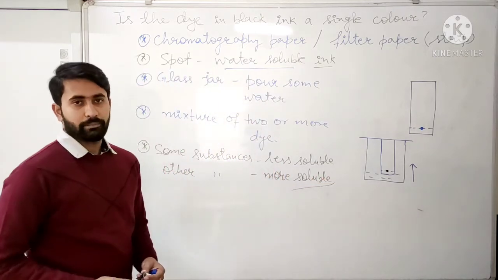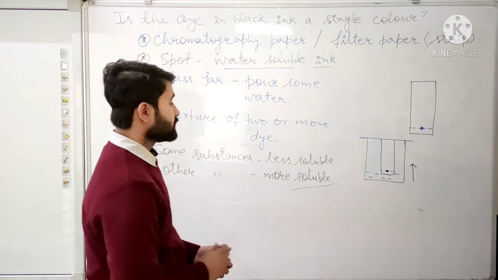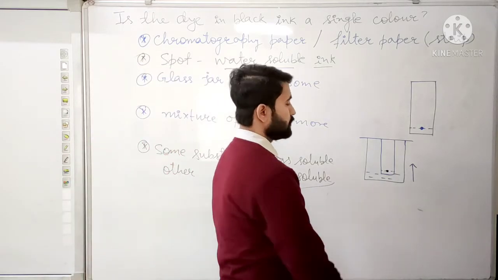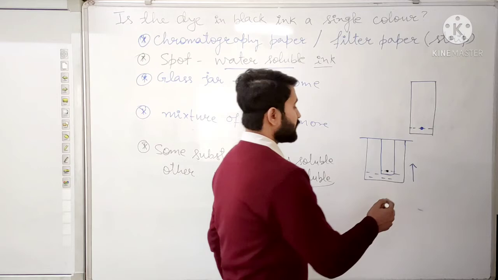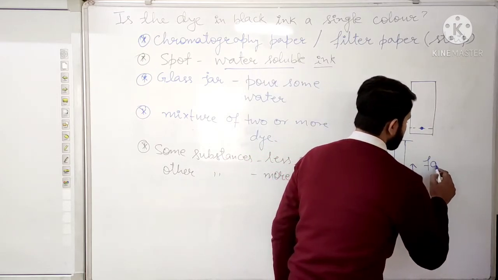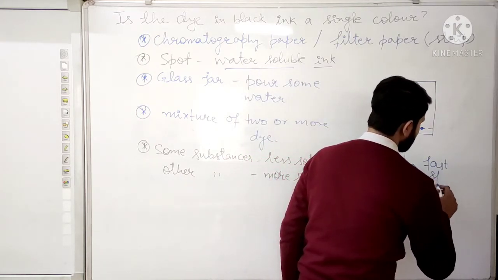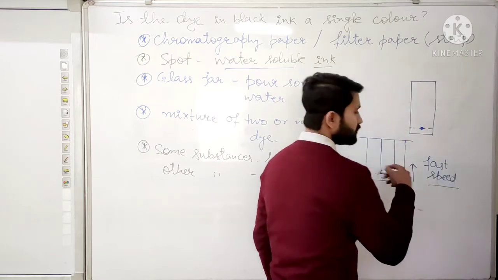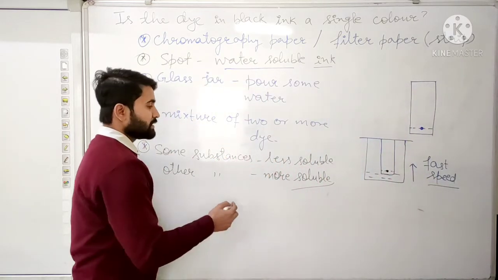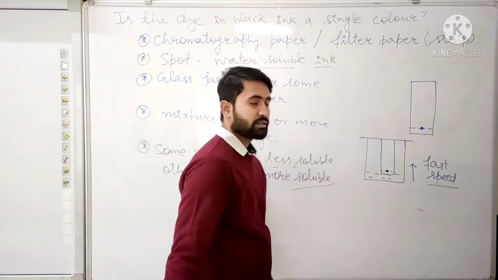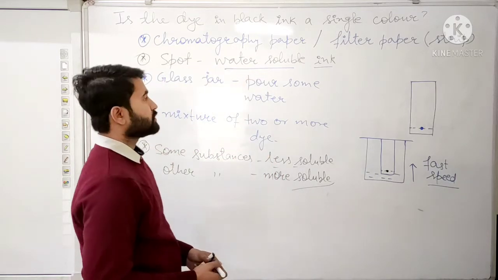So what will happen? The substances that are more soluble will move at a fast speed with the water, whereas those that are less soluble will move at a slow speed.